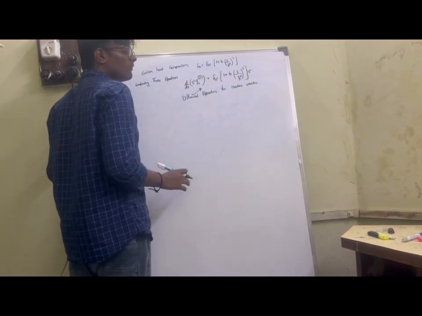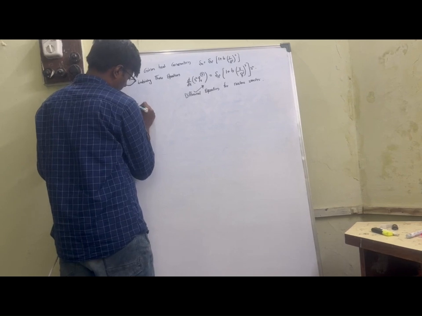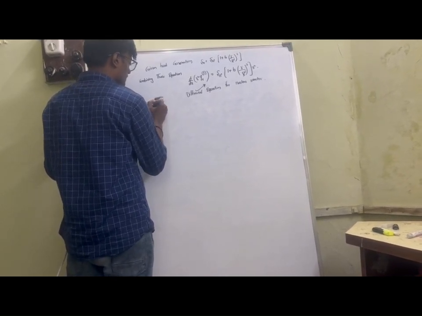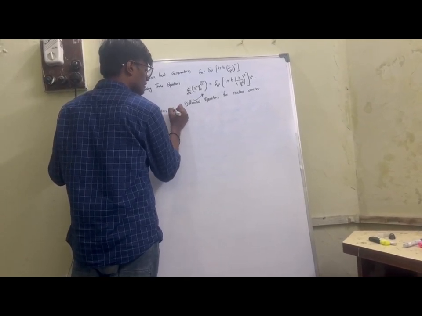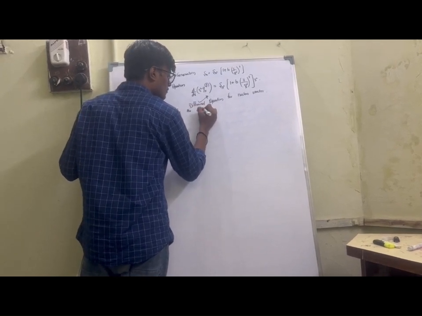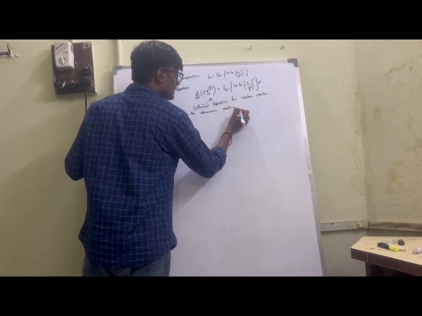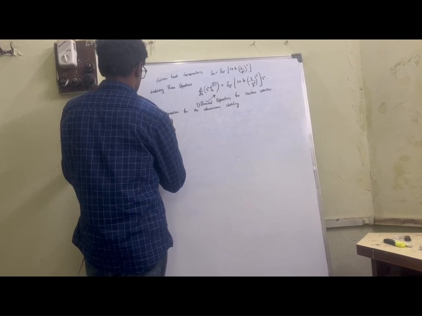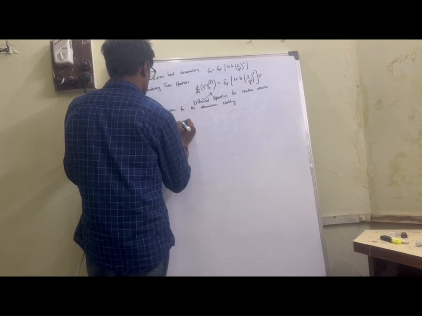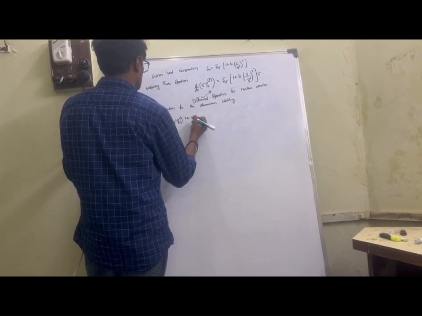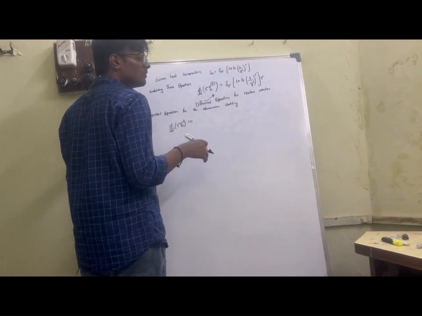Now the differential equation for the aluminum cladding is d by dr of r square QRC is equal to 0. So here there is no heat generation, so due to this Sn is equal to 0.